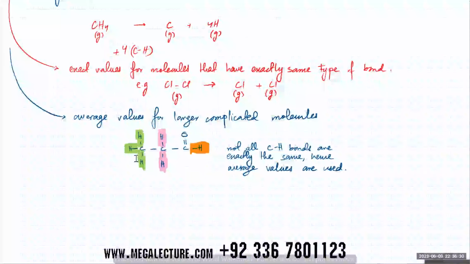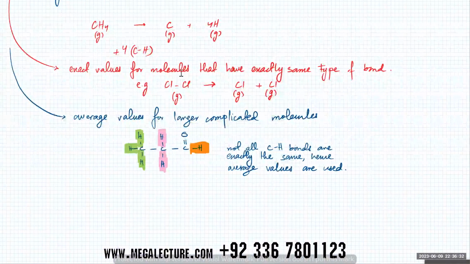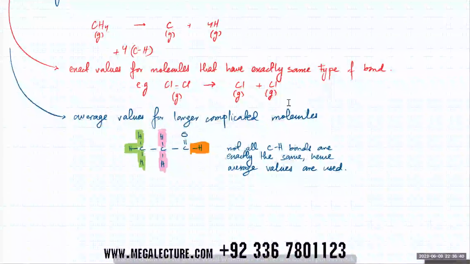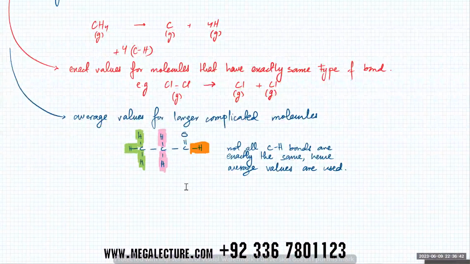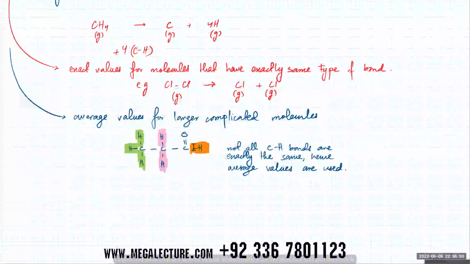I was just saying that some molecules, small molecules, just have one type of bond, exactly one type. So in that case, you get the exact value for bond enthalpy. But for bigger, complicated molecules, if I talk about the CH bond, they're not all exactly the same. Do you get this point?